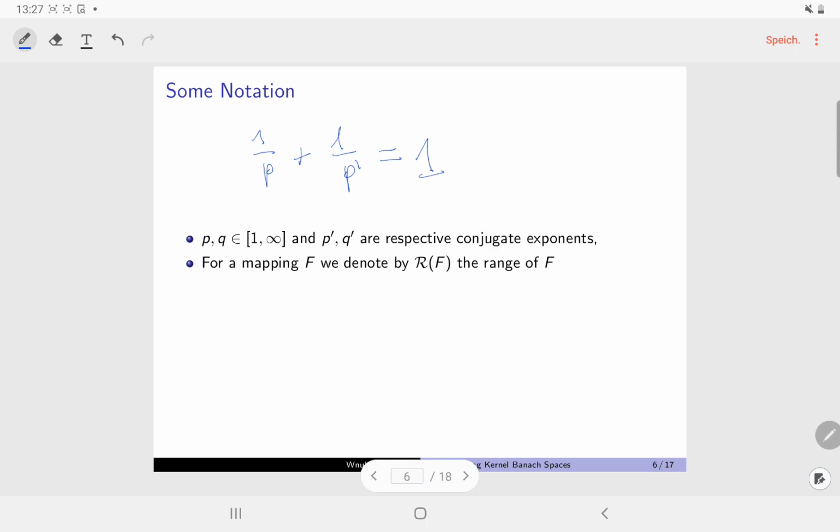And similarly, Q prime is the conjugate exponent of Q. For a mapping F, we denote by R of F the range of F. Okay, and now we may go over to the main part of the presentation, so spaces induced by integral kernels.